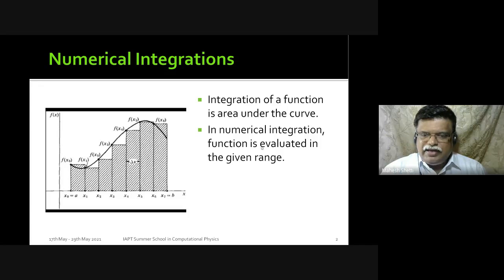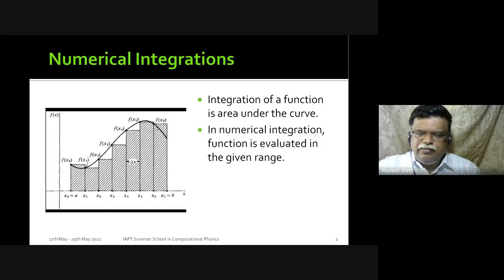In numerical integration, the function is evaluated in the given range, so you actually calculate the value of f of x at x equal to some x0 value, say a, then x1 value, x2 value. So from a to b you divide it into a certain number of divisions, and at each of those intervals you calculate the numerical value of f of x.